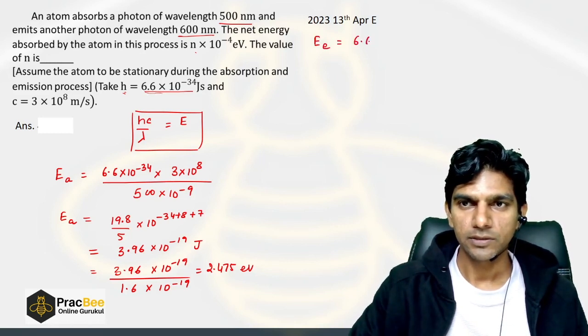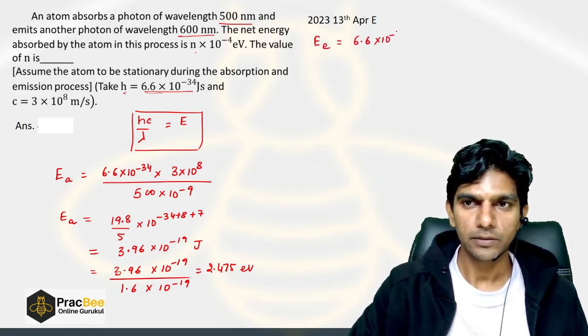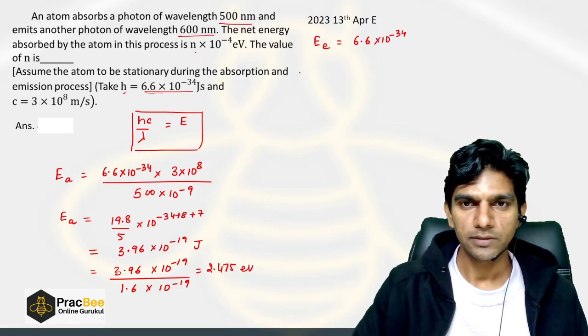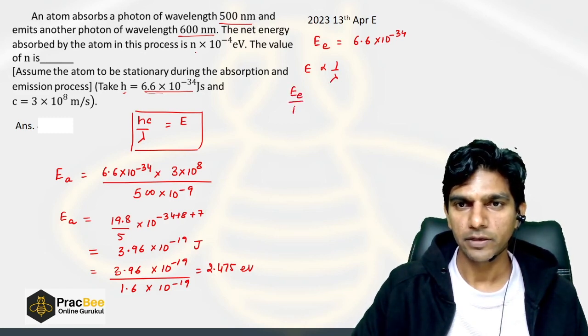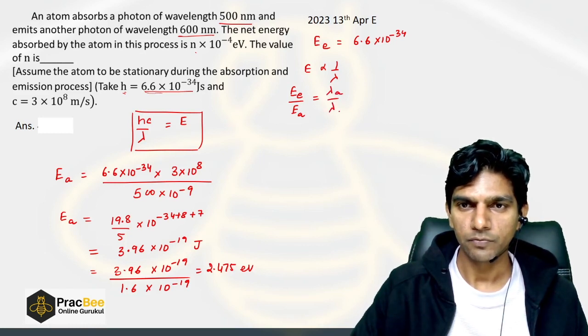Since energy is inversely proportional to lambda, the energy of the emitted photon divided by the energy of the absorbed will be lambda of the absorbed divided by lambda of the emitted.